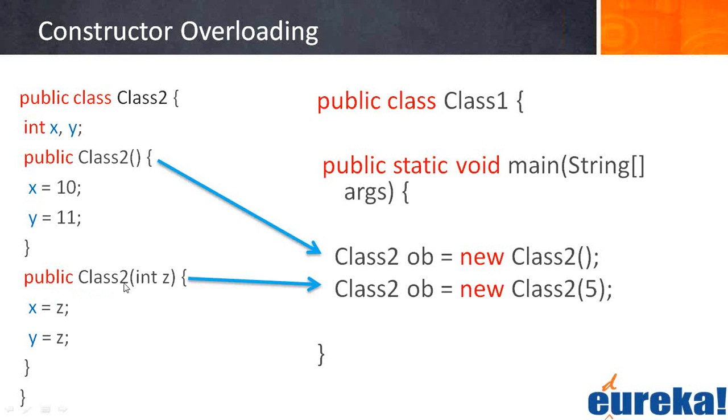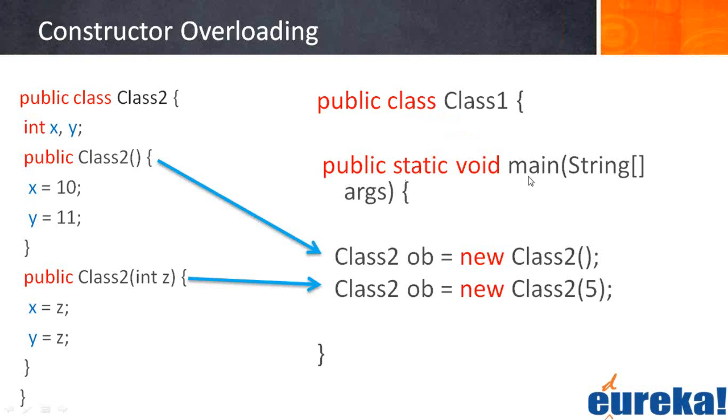But the second constructor is taking an integer value as parameter, as argument. Now when you pass an integer value, it will not call this one. It will directly come to this constructor and initialize the value of x and y with the integer that was passed. Now you can call the constructors like this.